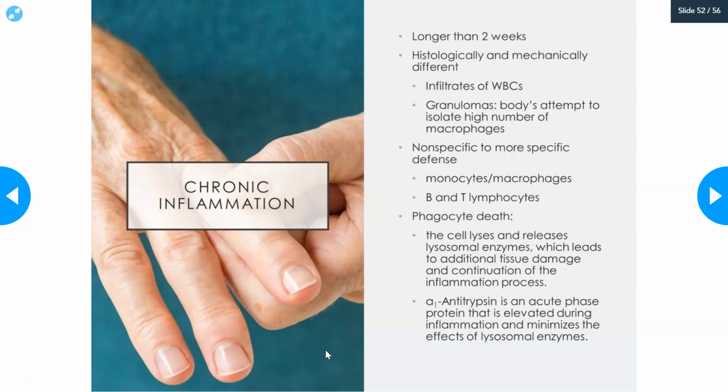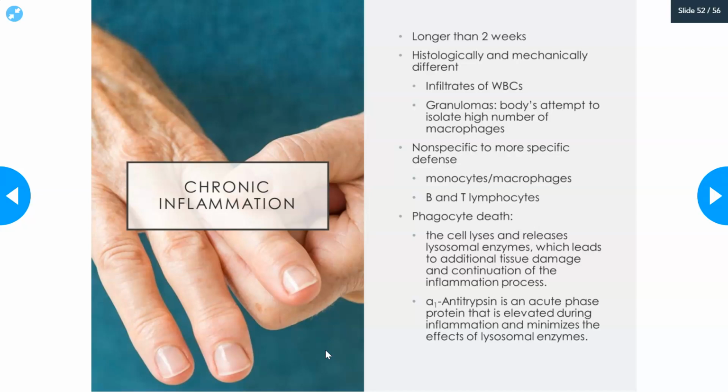It goes from non-specific, acute is very non-specific, to chronic, which is more specific defense. So you will see some monocytes and macrophages, which are non-specific, but then more specific, you'll see an increase of B and T lymphocytes because they are part of the specific immune system response.